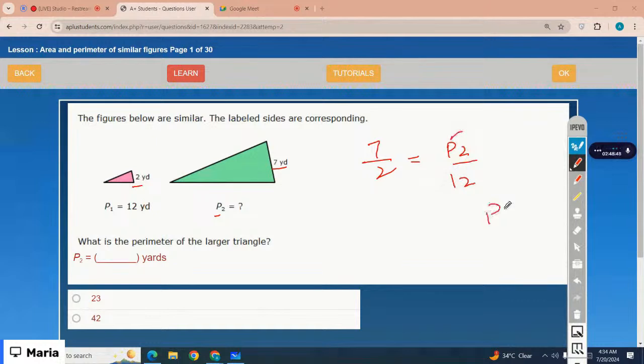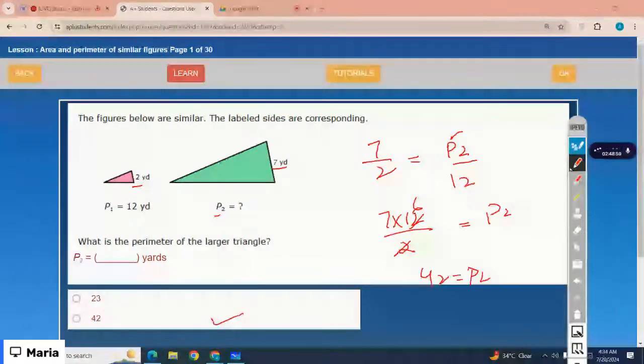So P2 equals 7 times 12 over 2. 2 times 6 is 12, so 7 times 6. Got it? The perimeter of the larger triangle is 42. Got it? The correct option is 42.